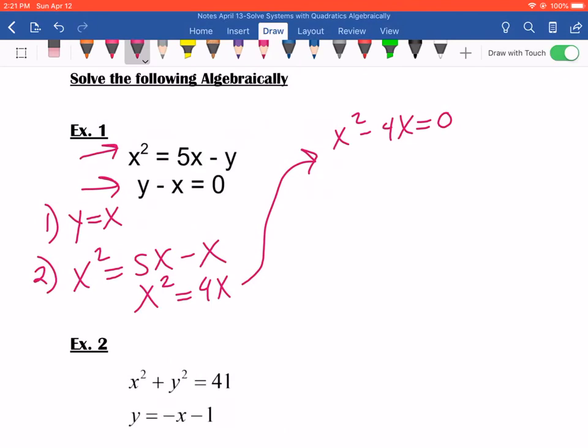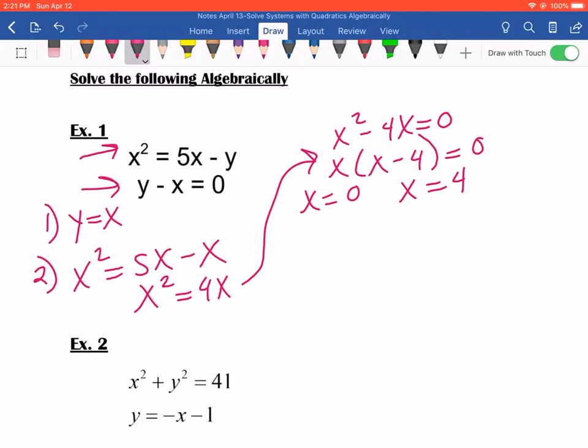Well, we can see here that I have a GCF of x. So I want to factor out x. That leaves me with x minus 4 equal to 0. Set each one of these factors equal to 0, and I have two potential solutions for x. I have x equals 0, and x is equal to positive 4. Okay, so x equals 0 and x equals positive 4.